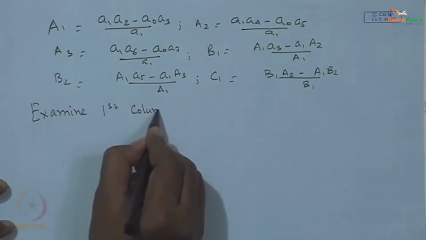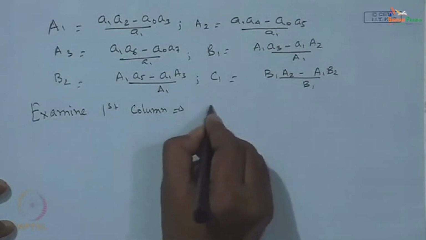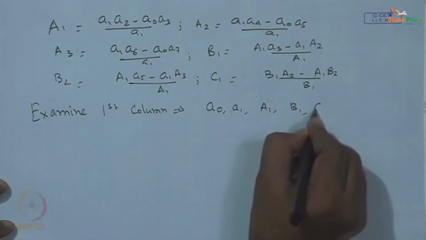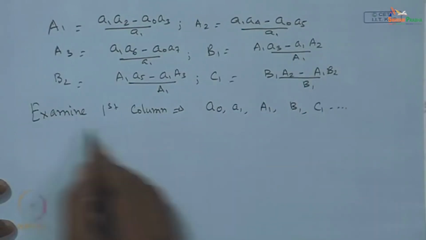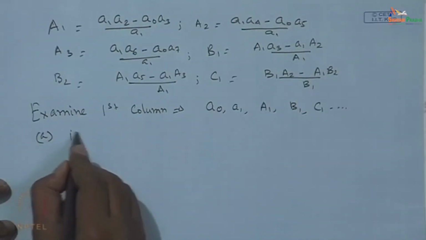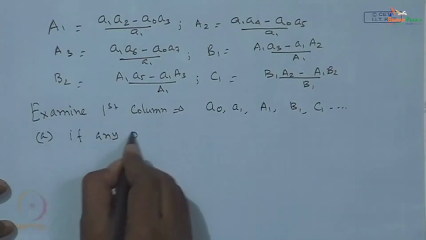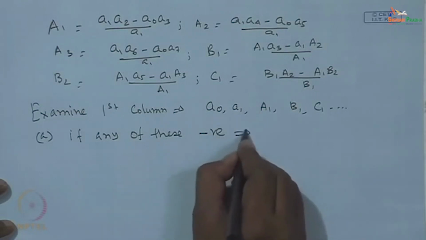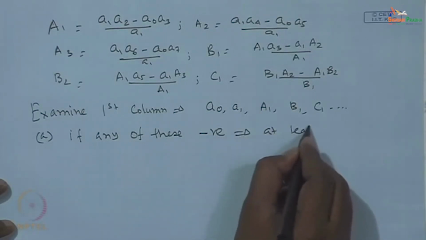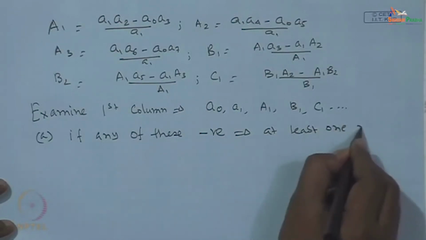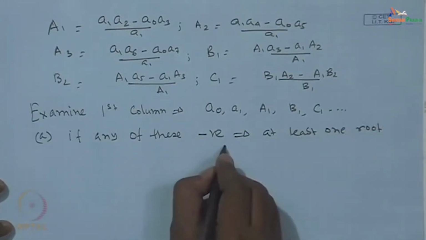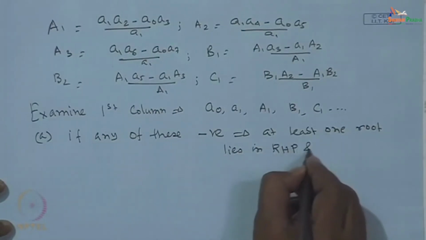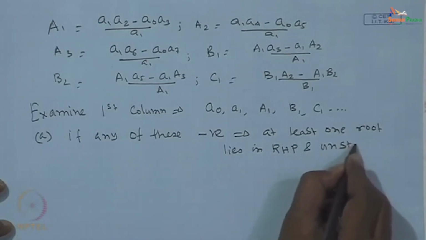The first column of the Routh array will consist of a0, a1, capital A1, capital B1, capital C1 like that. Now, the conclusion is, if any one of these is negative, then at least one root lies in the right half plane and the system becomes unstable.